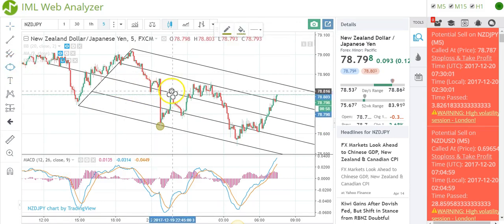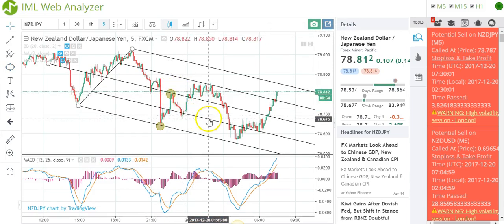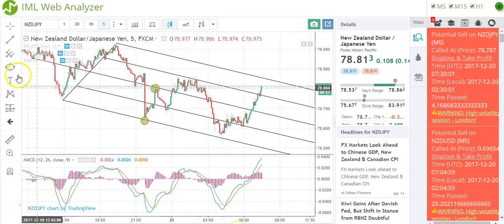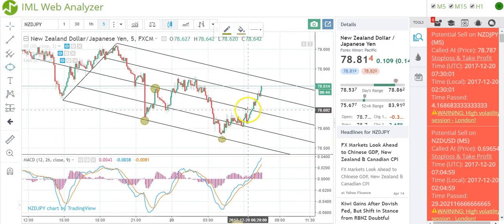Remember I said the median, upper parallel, and lower parallel are key points. It came down, touched the lower parallel again, and look at this, it actually broke the median. So four key points in this trade.